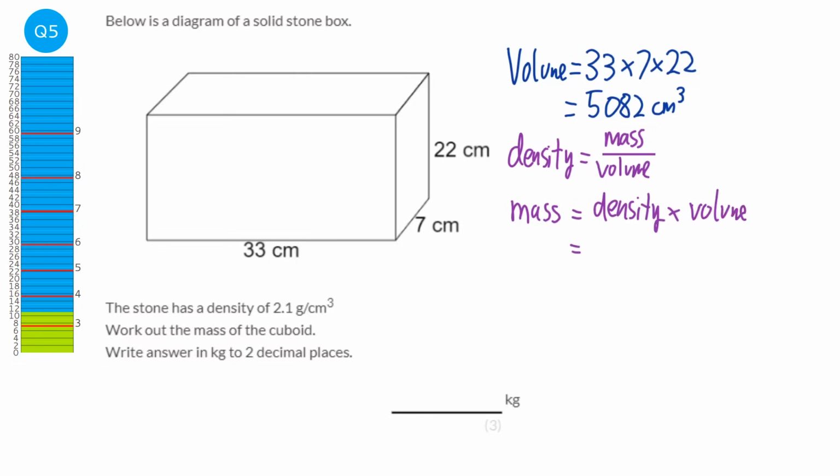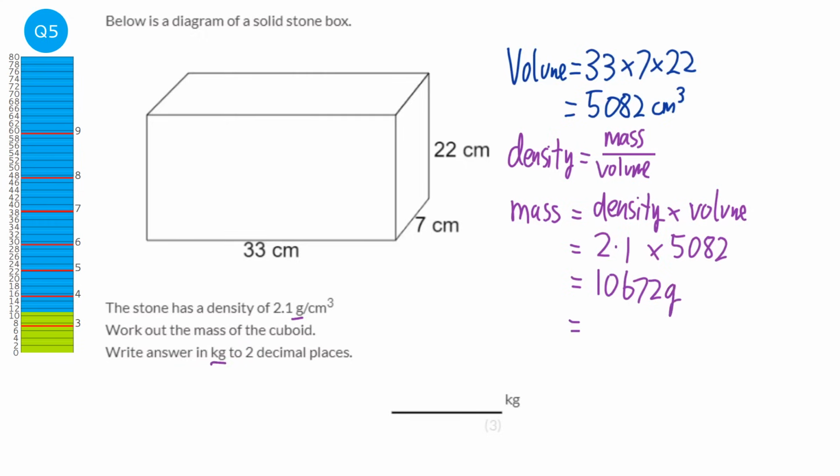Density is given to us in the question as 2.1 grams per centimeters cubed. Times that by the 5,082 for the volume, and we get the answer of 10,672. And then that will give us grams, because our density is in grams, but the answer is asking for kilograms.